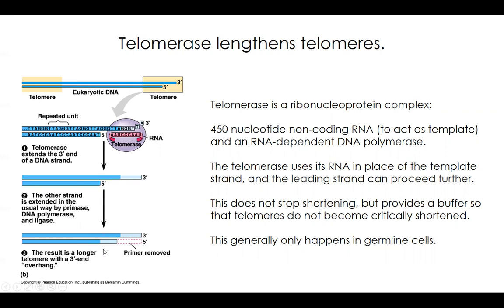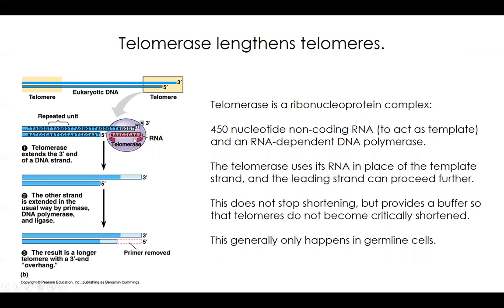It's going to happen. Telomerase can lengthen them so that, think about it kind of like an hourglass, as these shorten replication after replication, if we add on to it, we've got a larger buffer so that we can go ahead and shorten them for longer.